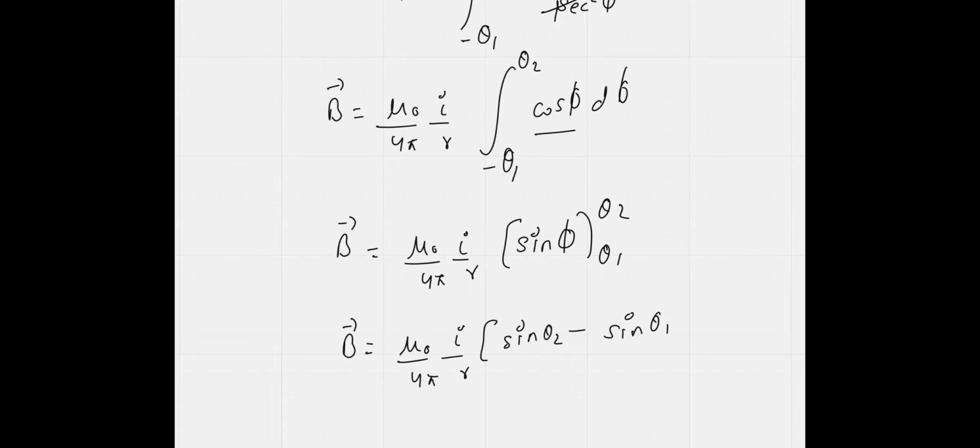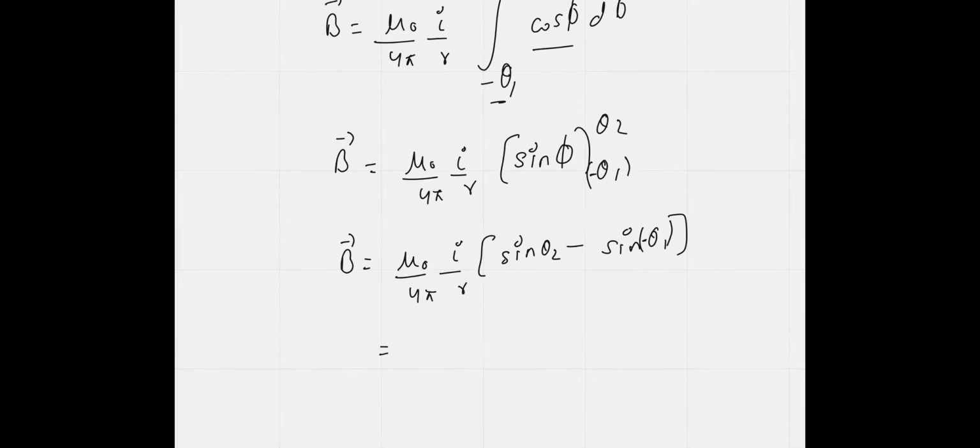This is the value you are going to get. Any doubts so far? Sorry, it was minus theta 1, right? So here you have to keep the minus value, and when you put the minus inside, this becomes positive.